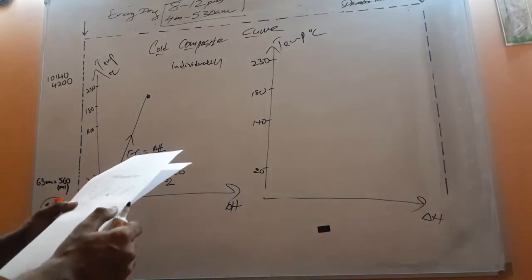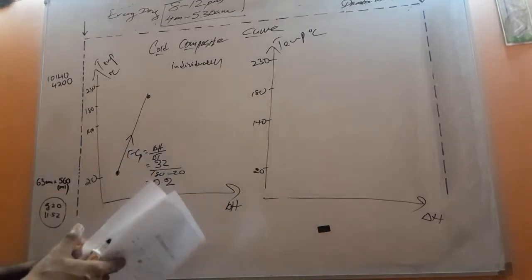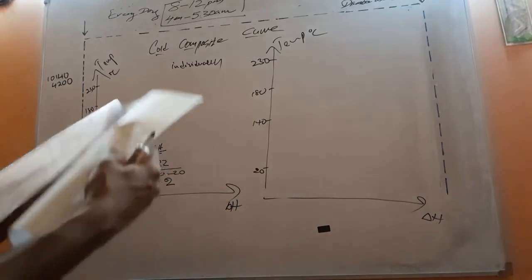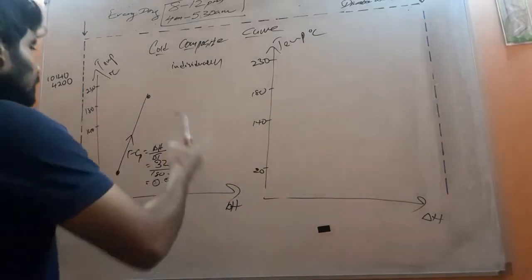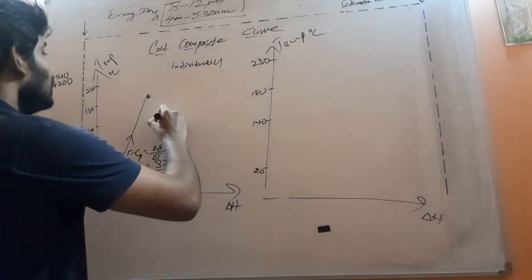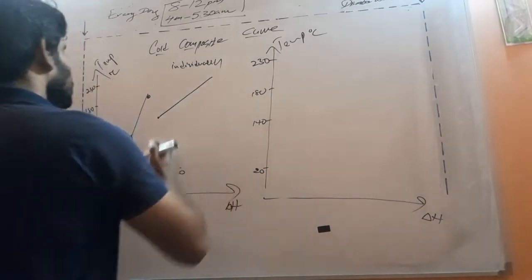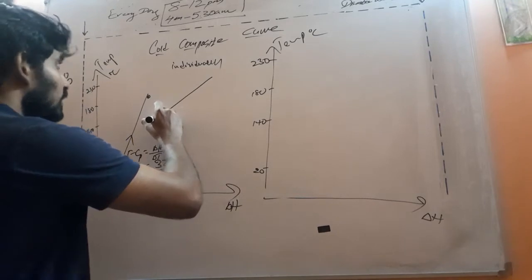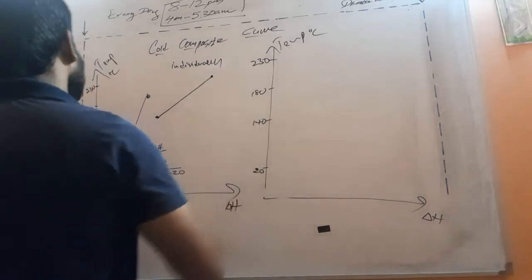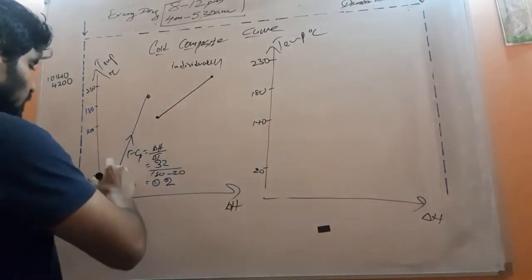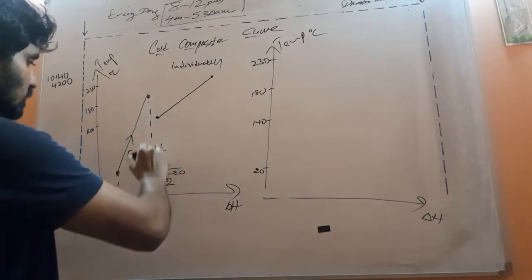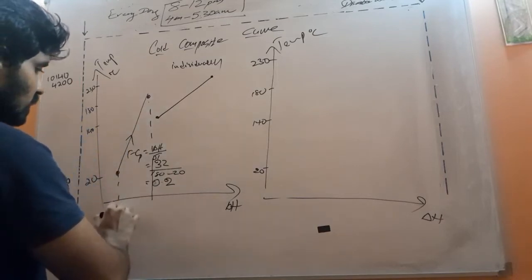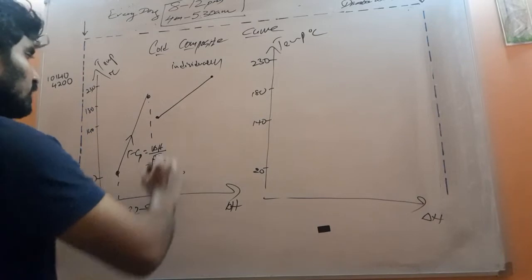Now the next thing, what is the next process? Next process is from supply 140 to target 230. At this width you know that is delta H, 32.